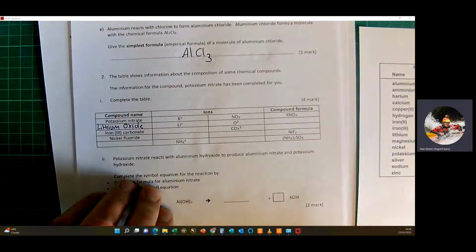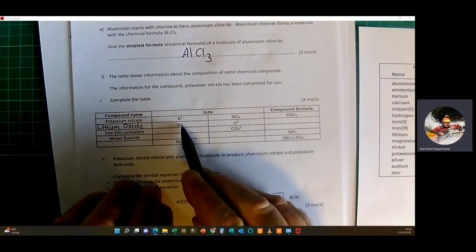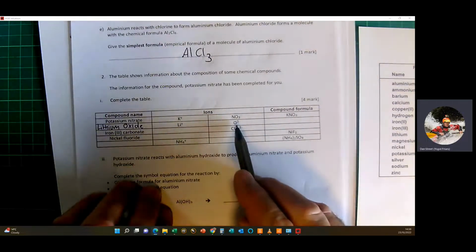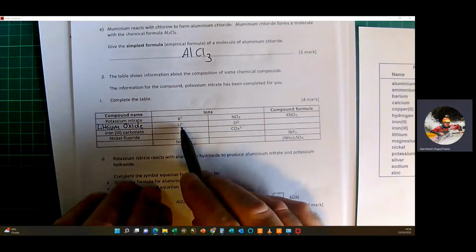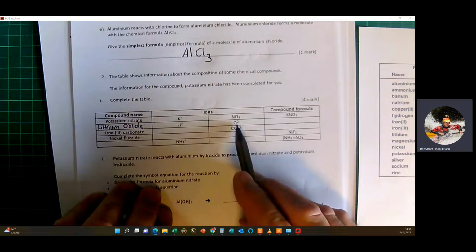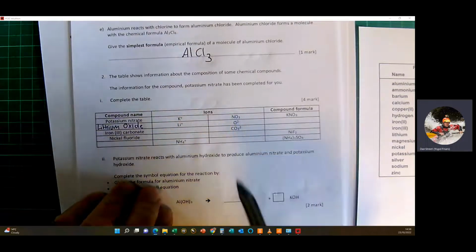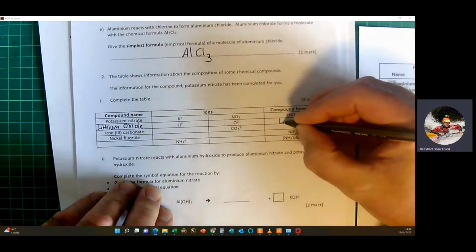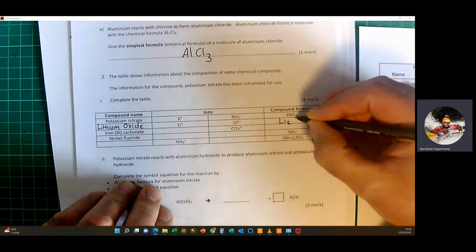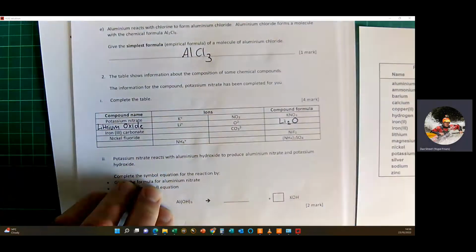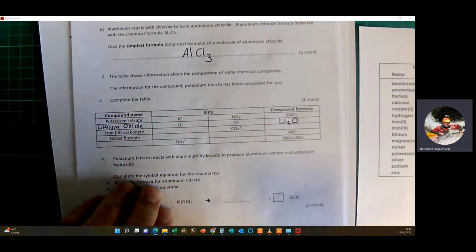So we can see that a lithium ion is a single positive charge, an oxide ion is a double negative charge. So consequently, we would need 2 of these to balance one of those to ensure that the overall formula is electrically neutral. And we would write that as Li2O. Okay, so that would be the formula of lithium oxide.